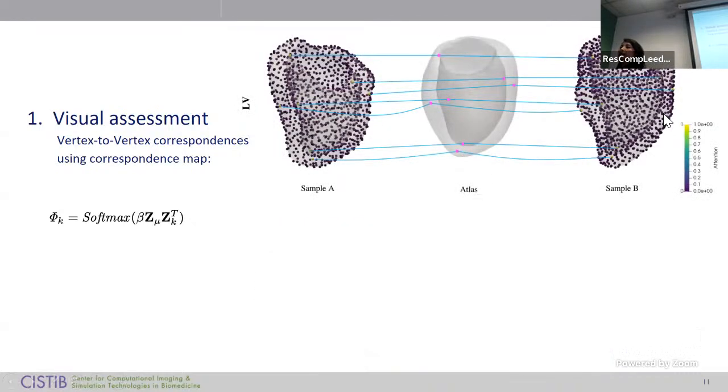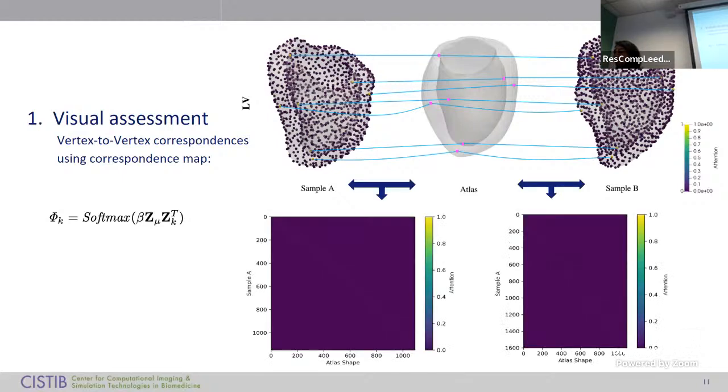And here is another example on left ventricle data. I also forgot to say that these color-coded vertices show the posterior probability of meaningful correspondence between each landmark on an atlas and each vertex on the cases or samples.